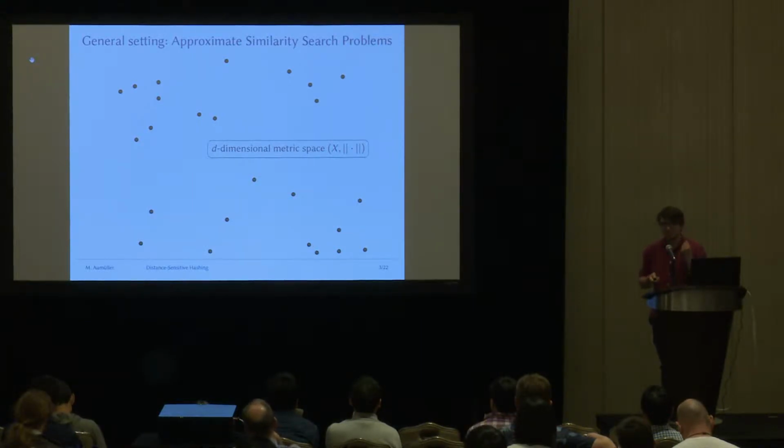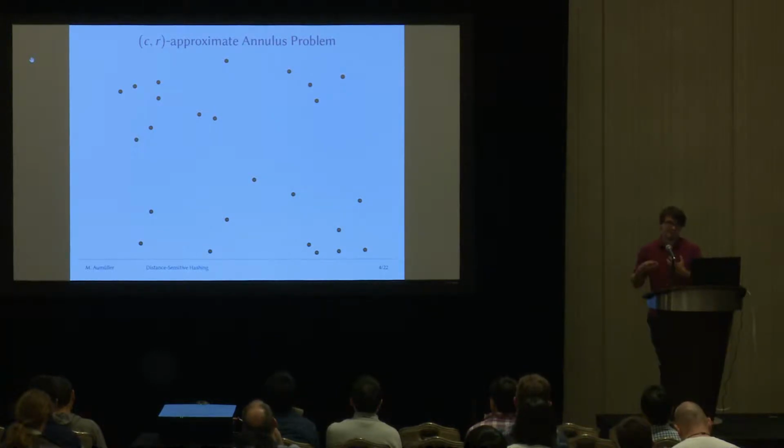What is this recommendation problem? If we want to formulate it, we coined it as the cr-approximate annulus problem. It goes like this. As input, you get your data points, and you get these 2 numbers, c and r. You're interested in building a data structure that can solve the following problem. You're given a query point, and you know that there exist points roughly at distance r.